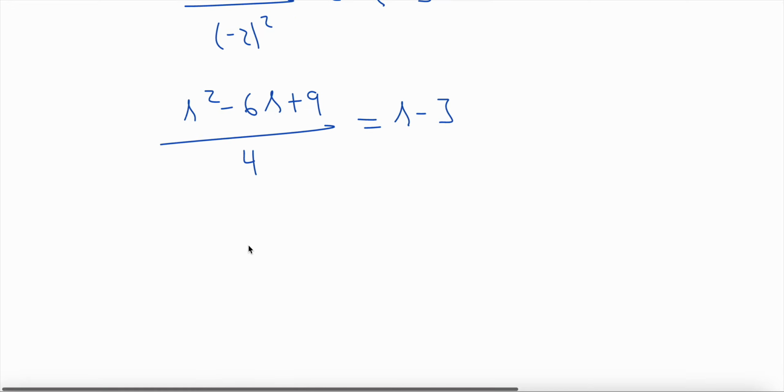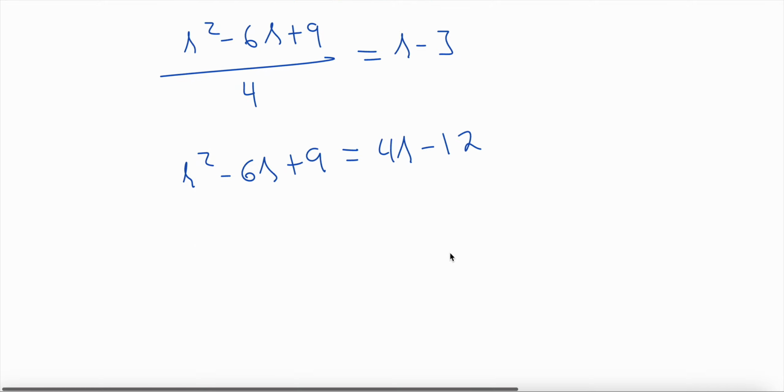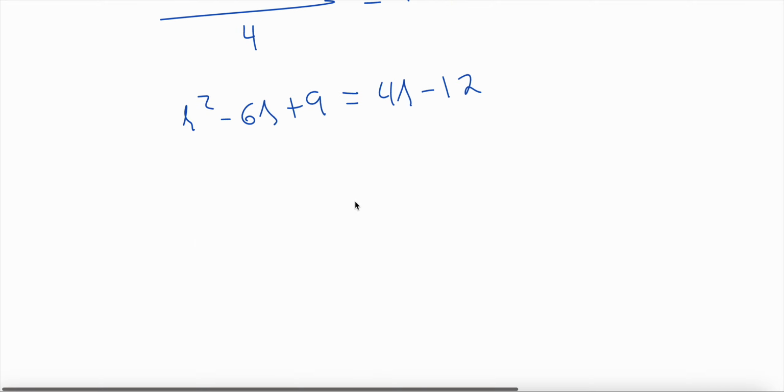And now let's multiply both sides by 4 here. So we have h squared minus 6h plus 9 equals 4 times h minus 12. Now, subtracting 4h from both sides and adding 12 to both sides, we get h squared minus 10h plus 21 equals 0.